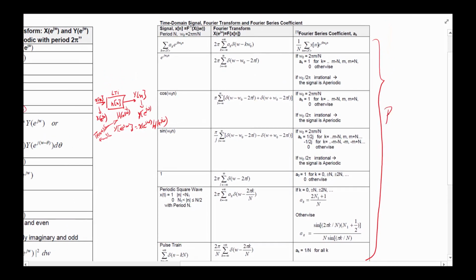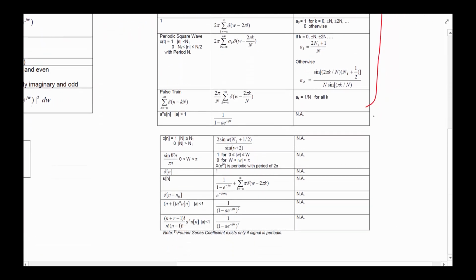These are the periodic group, and the periodic group of functions will have both a Fourier series and a Fourier transform. If you go further down and look at the non-periodic functions, they of course don't have a Fourier series because they're not periodic, but they definitely have a Fourier transform. So we are still able to take them from the discrete time domain to the frequency domain.